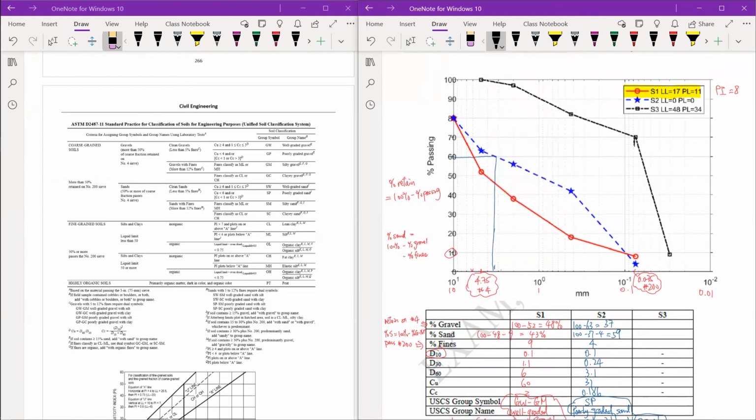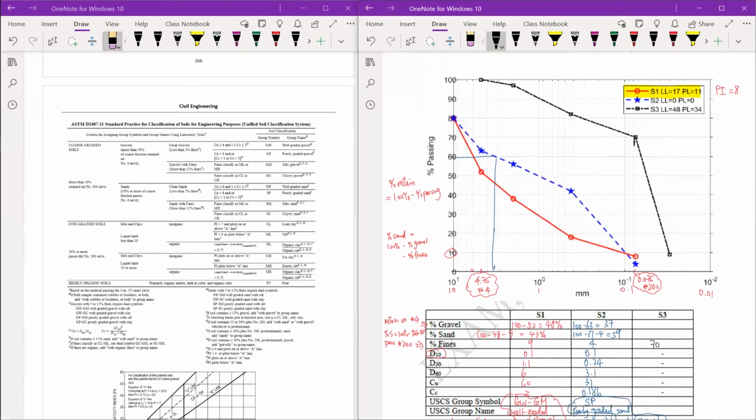This is my number 200 sieve, and I got 70% passing.